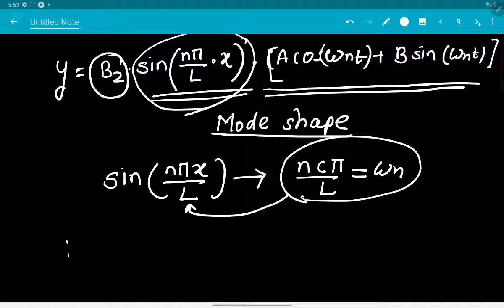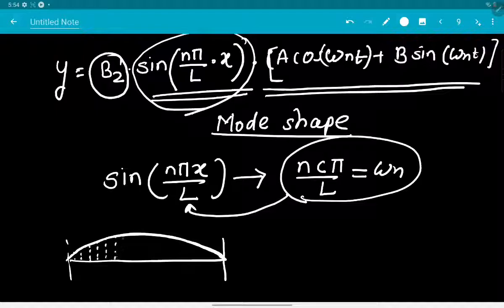So which essentially means that if you plot this mode shape, let's say this is the mode shape for n equal to 1. This is going to tell you the relationship between the amplitudes of vibration of the string at all locations. So let's say you are looking at part of a string at this location and part of a string at this location, then you will see that the displacement of this point and this point will always be in the same proportion that you see over here.